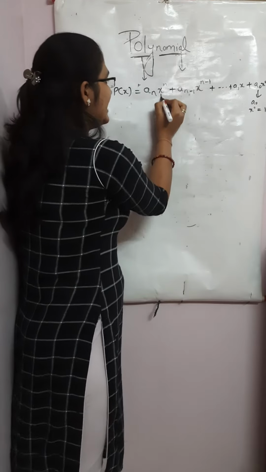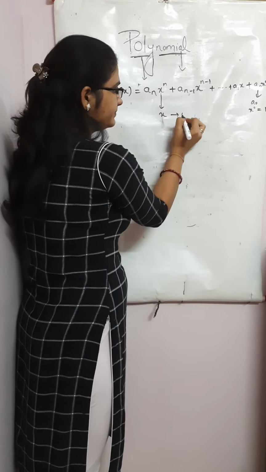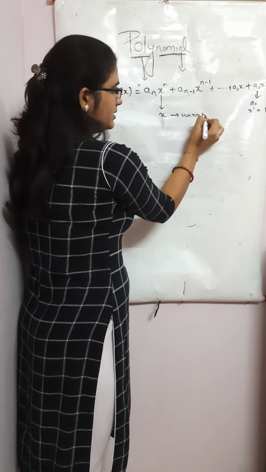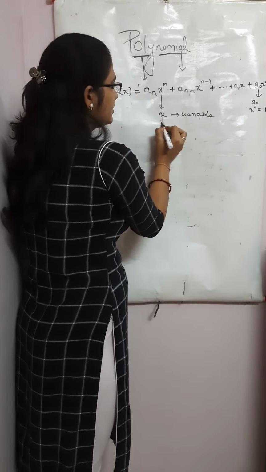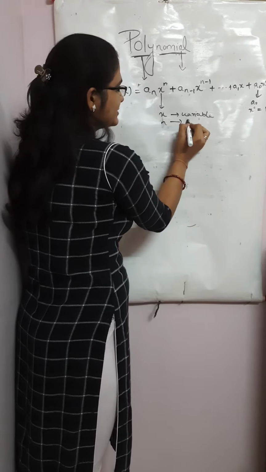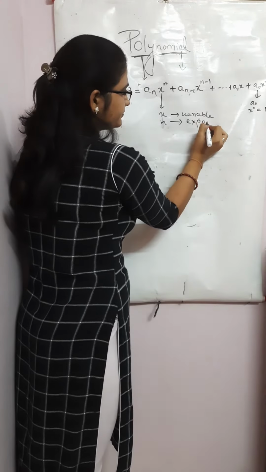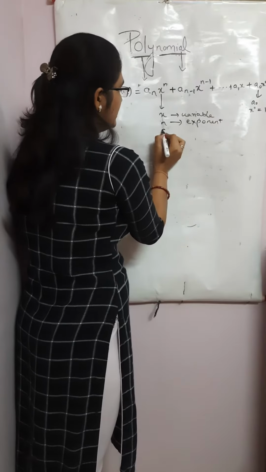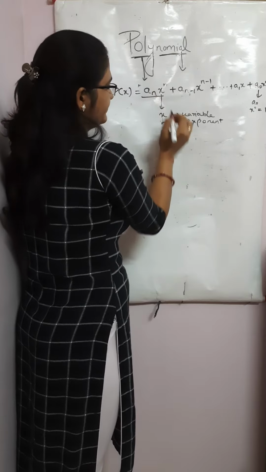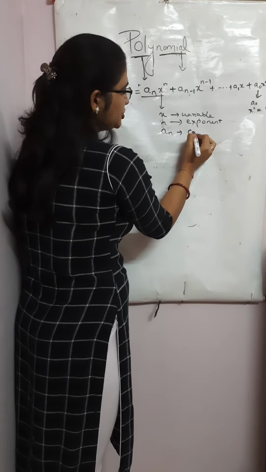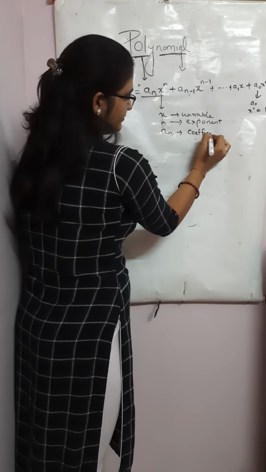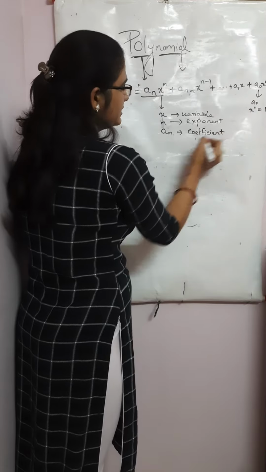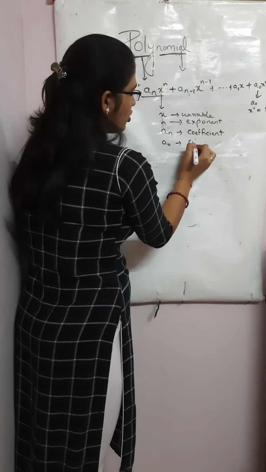Here x is the variable, n is the exponent, and an in this term is the coefficient, and a naught is the constant term.